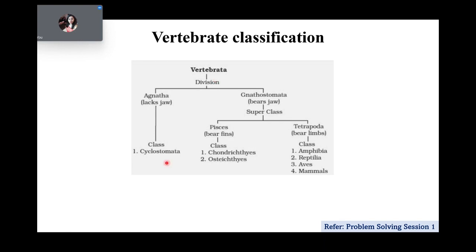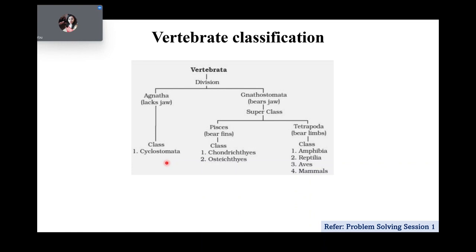Tetrapoda, as the name suggests, have tetrapods, so they have limbs, four of them. That's why the name is tetra. Pisces, or the fishes, are further classified on the basis of what kind of fish they are. If they are bony fish, they're called Osteichthyes. If they are cartilaginous fish, they're called Chondrichthyes.